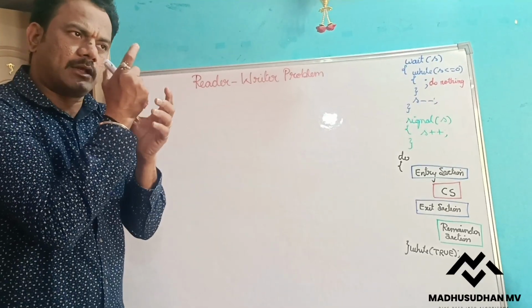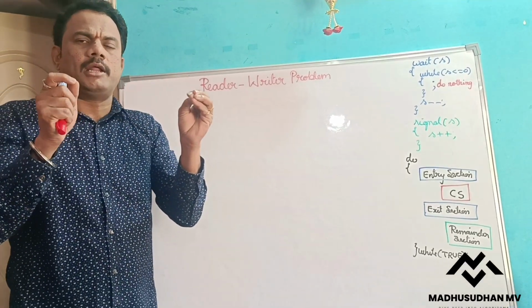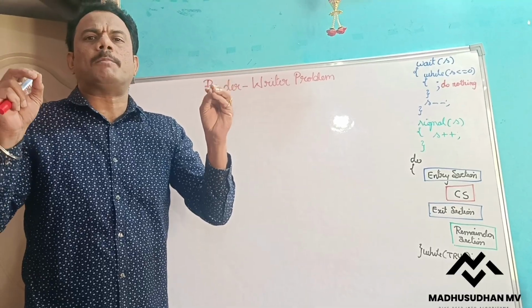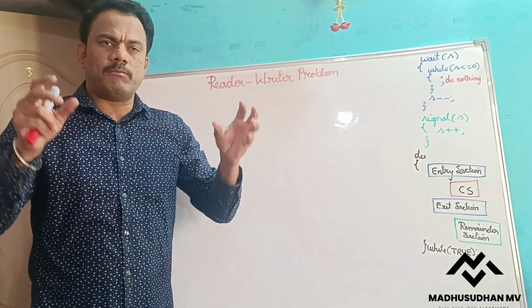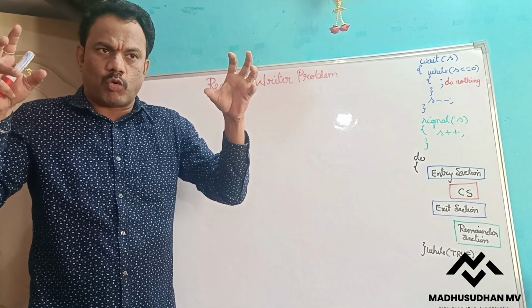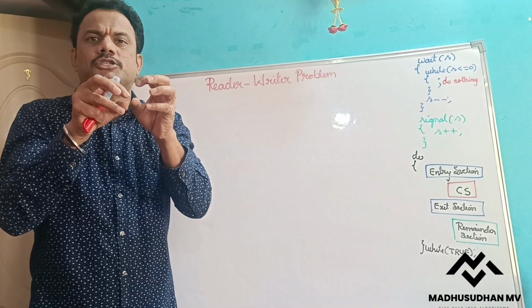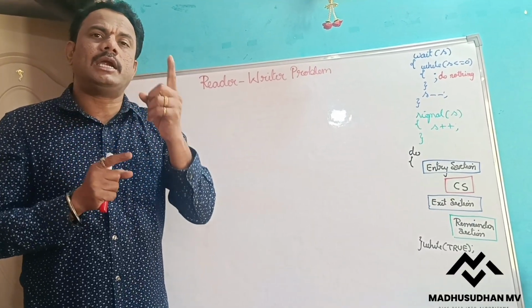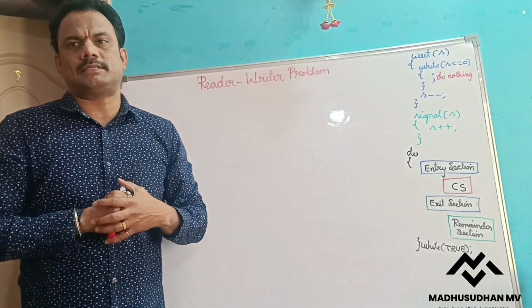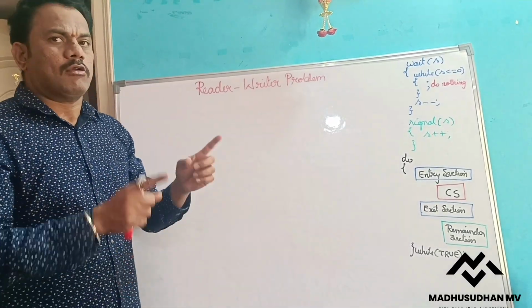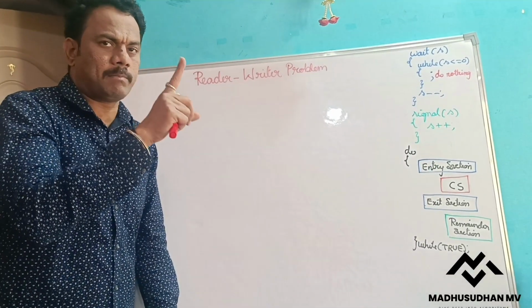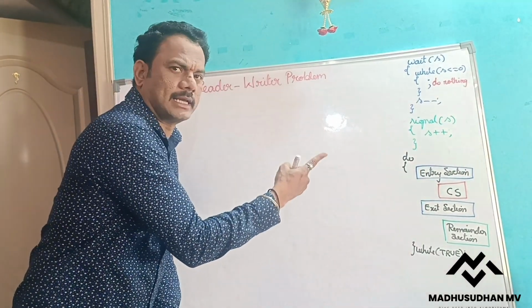But when multiple cooperative processes want to access the same shared resource, that leads to data inconsistency.